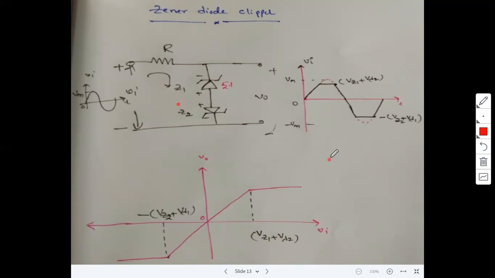First point is when it is in forward bias, it behaves like a normal PN junction diode. Second, when input voltage is less than breakdown, it behaves like an open circuit. And third, when input voltage is greater than breakdown, it behaves like a constant reference voltage generator, VR.